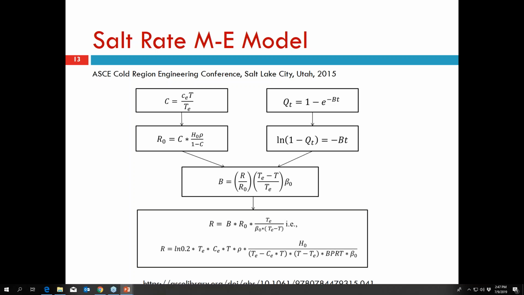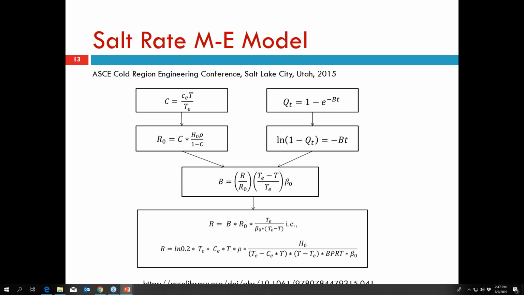Again, these are based on the chemistry of the salt, fundamental properties of salt like eutectic concentration and eutectic temperature of the salt you use, and how snow melting rate progresses for that material, and some other variables like pavement temperature, snow density, and the friction requirement or bare pavement regain time requirement, that is an indicator for level of service.